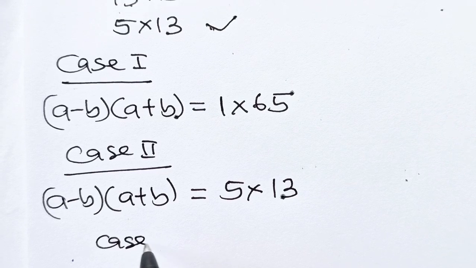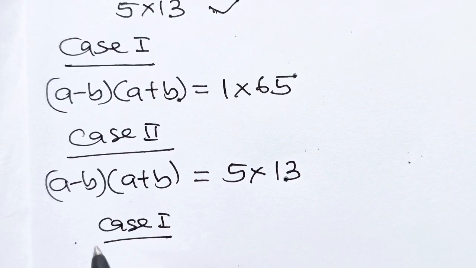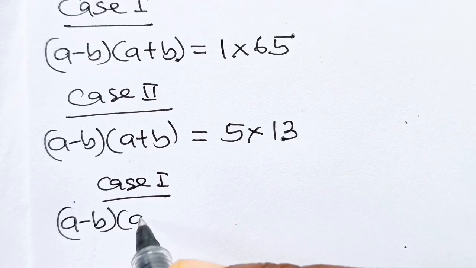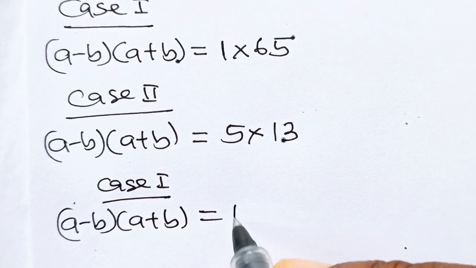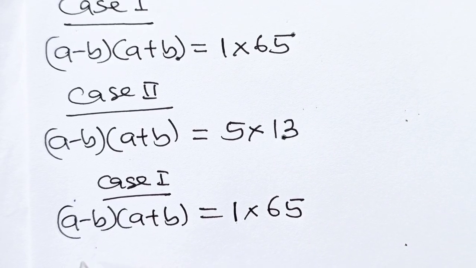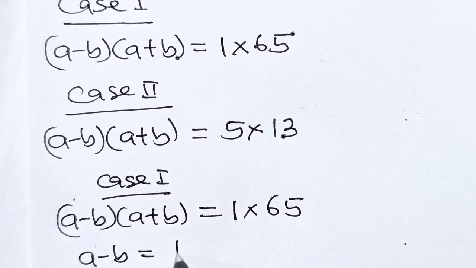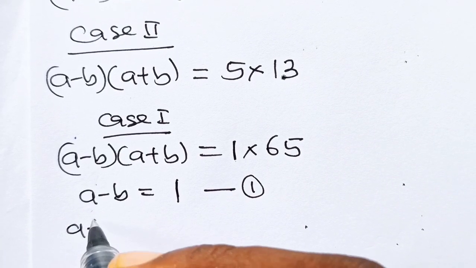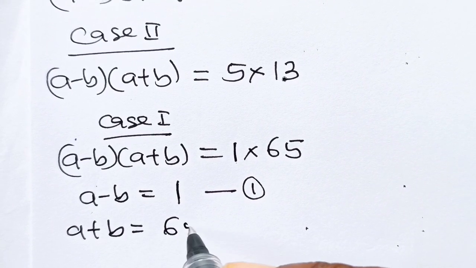Now let's discuss the first case. For case 1, if (a minus b) multiplied by (a plus b) is equal to 1 multiplied by 65, this simply means that a minus b is equal to 1. Let's call this equation 1. Then a plus b is equal to 65.